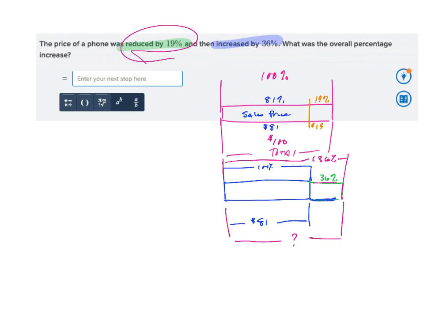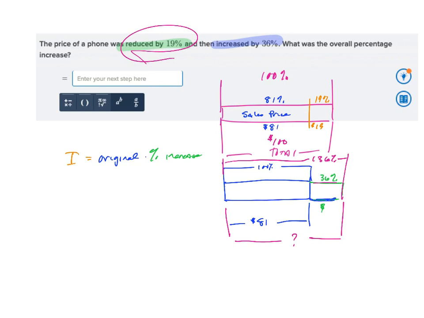We want to know how many dollars that is. So we're going to take the amount of increase, right? We're going to have the increase equals the original times the percent increase. And really, we're just building this off of the part equals the percent times the whole.